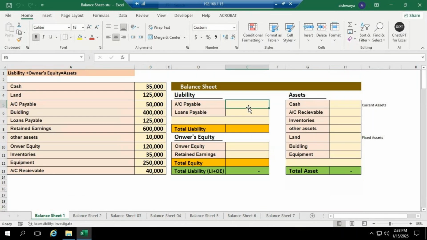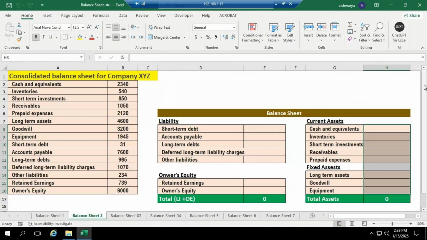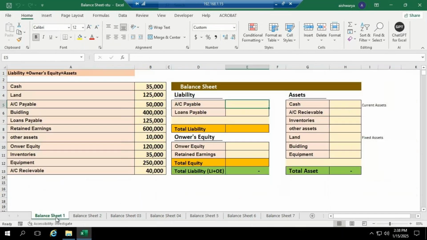So we have to put here the accounts payable. What is the accounts payable? Can anybody say how much it is? 50,000.